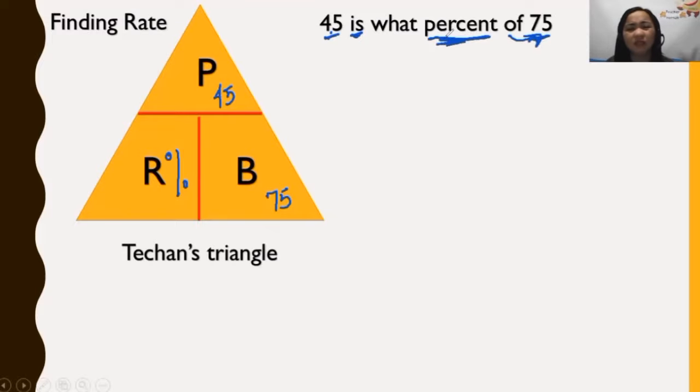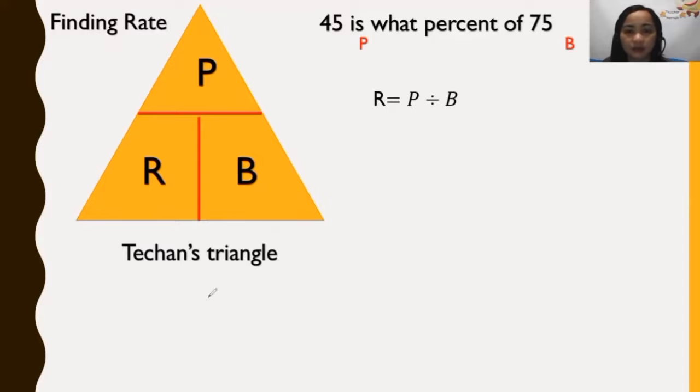Baka kasi minsan merong misconception ng bata, nakita what percent, akala nila percentage yung nawawala. That is wrong. Pag tinanong what percent, we are looking for rate here. Rate ang hinahanap. Now let us solve. We have rate is equal to percentage divided by base. Pwede rin siyang isulat ng rate is equal to P over B. So, pwede siyang ganyan. Same lang siya.